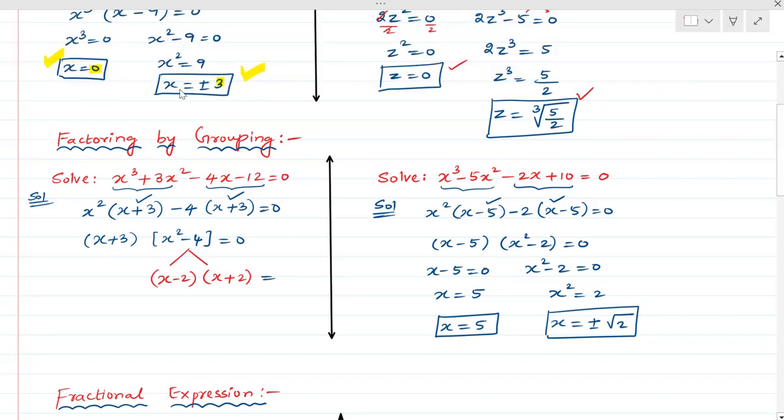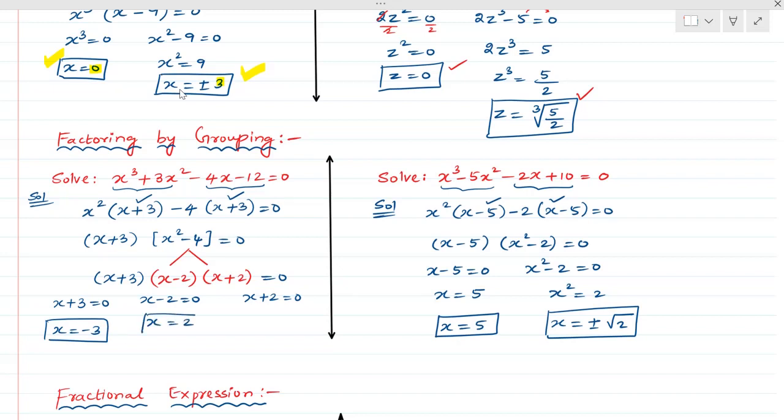If you separate this, x plus 3 equals 0, x minus 2 equals 0, x plus 2 equals 0, by using the zero product principle. Now we can solve this equation. You will get x equals minus 3, x equals plus 2, x equals minus 2.